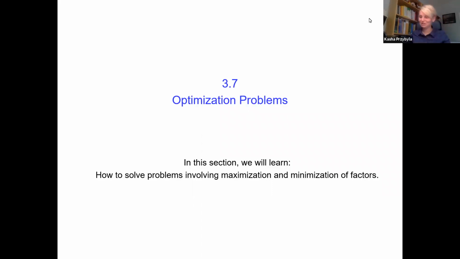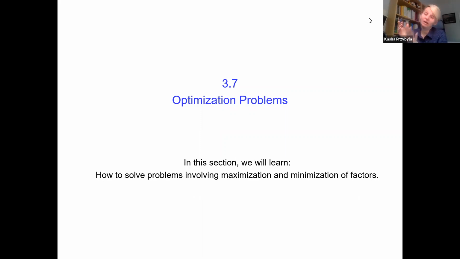Okay, optimization problems today. What do you think optimization means? We do have a short description at the bottom of this slide, but do you think you can tell me? You can, of course, type it. What does it mean to find the optimal solution? Yes, we have to find the maximum or minimum, which I always think of as extreme solutions, but that's actually the optimal solution, the best solution.